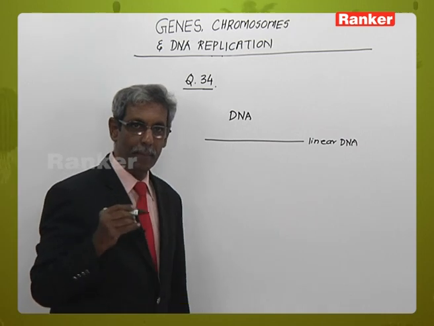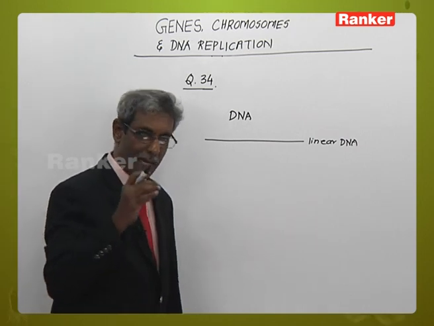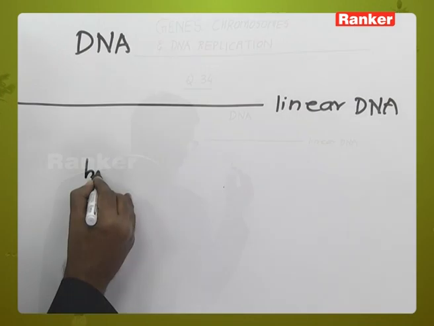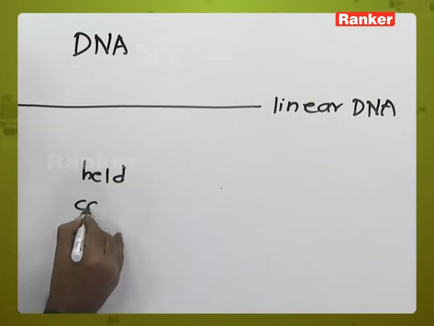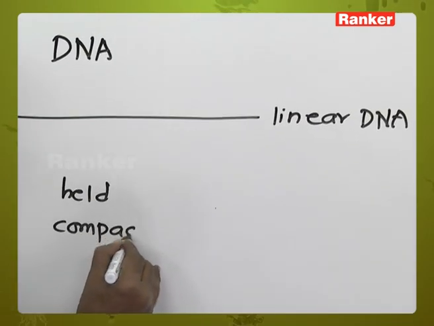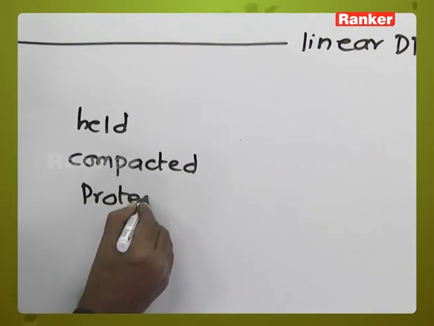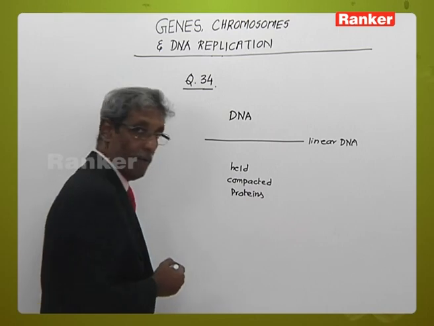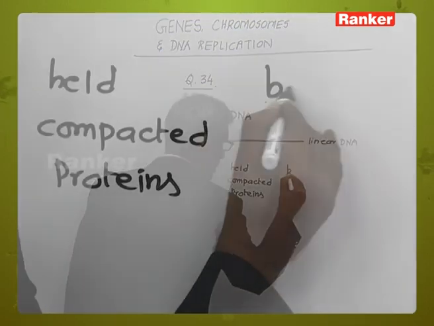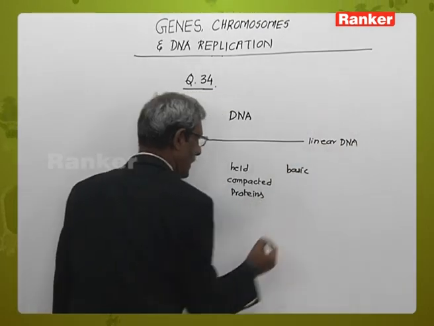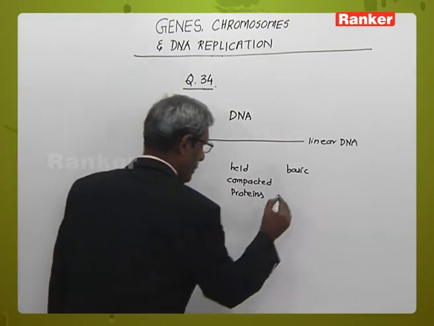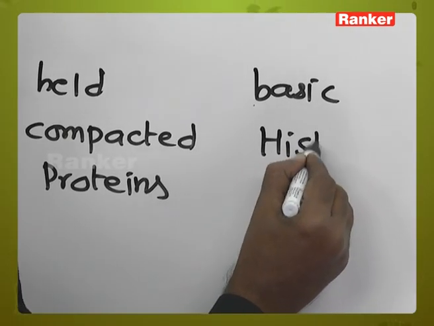The linear DNA molecule is always held or compacted by proteins which are basic in nature, and these basic proteins are primarily termed as histone proteins.